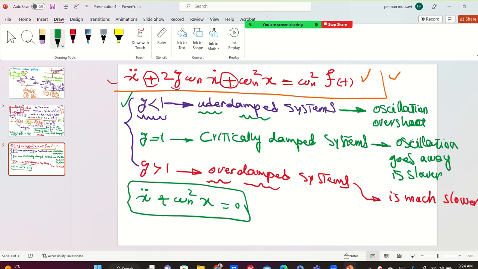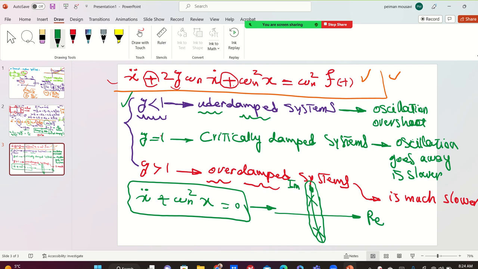Because the poles of the system, remember, you had poles on the imaginary axis. And I'm going to explain this to you one by one. Real, imaginary. And there's no steady state error because it's oscillating forever.